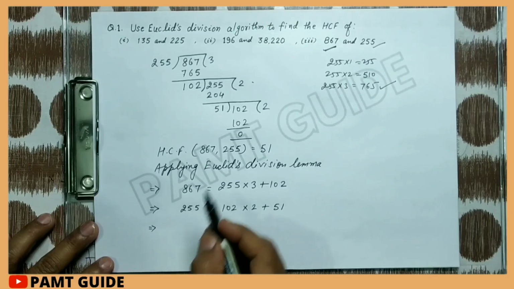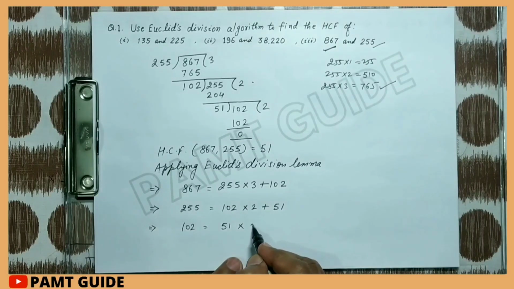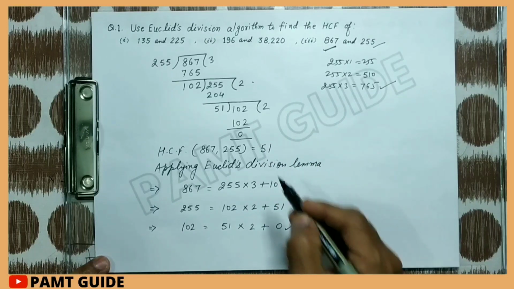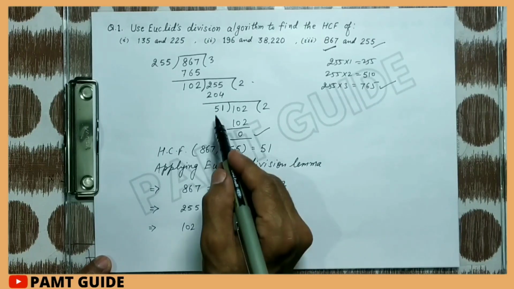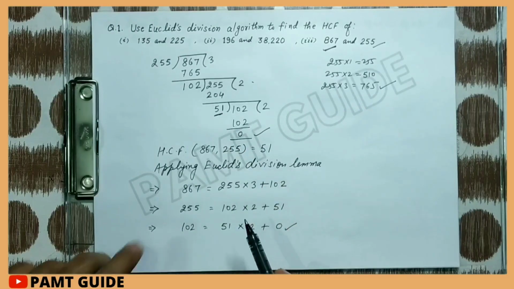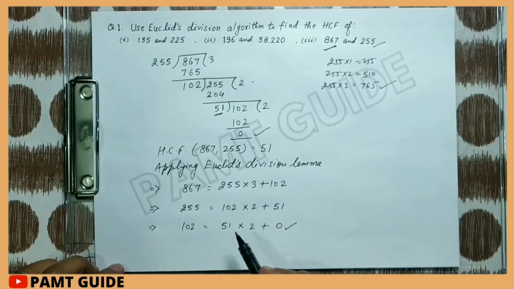And in the last and final step, 102 equal to 51 multiplied by 2 and remainder 0. We are observing that the remainder at this stage is 0. The divisor at this stage, the last stage, is 51. So HCF will be 51.